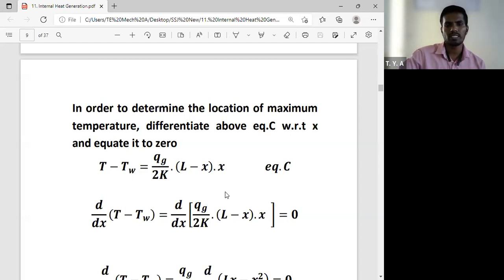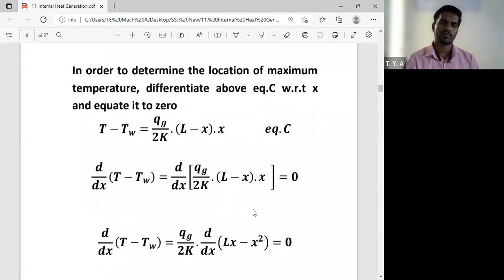Okay, so what is our equation? T minus TW is equal to Qg/2k into bracket L minus x into x. This is the equation C. Okay, so take the derivative of this and equate that value to 0.